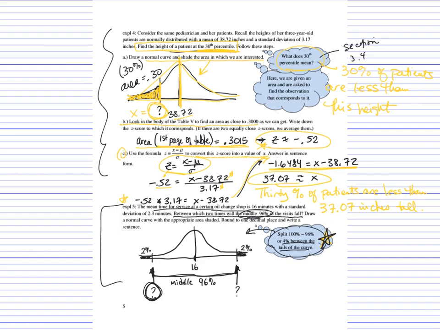What x value is this? Well, that's a matter of exactly what I did in number 4, but looking up not 30%, but 2%, for that tail. So I'm going to go to my table, and I'm going to look up the area that is 2%, which is, remember, in decimal, 0.02. It's going to look most like that in our table. Well, what's the z value?